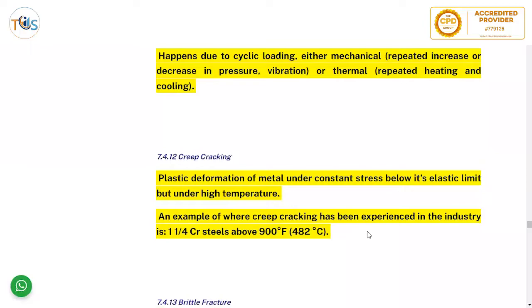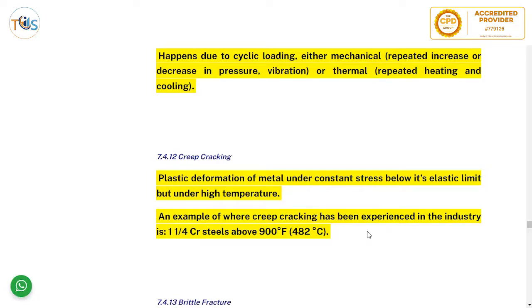Fatigue cracking happens due to cyclic loading, either mechanical, such as repeated increase or decrease in pressure or vibration, or thermal, such as repeated heating and cooling, or temperature swing.